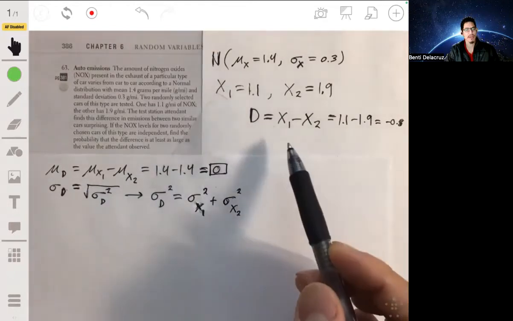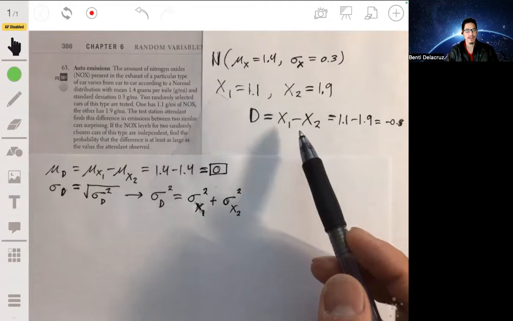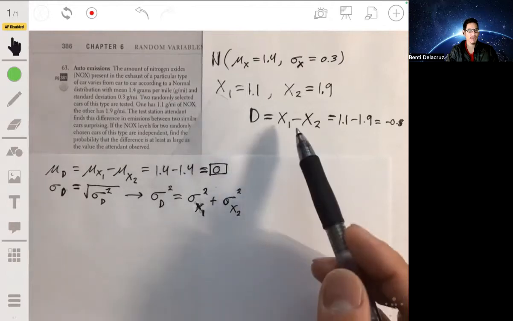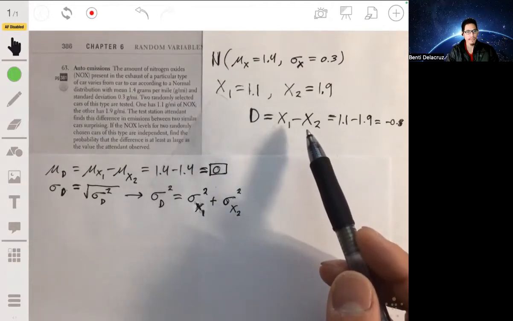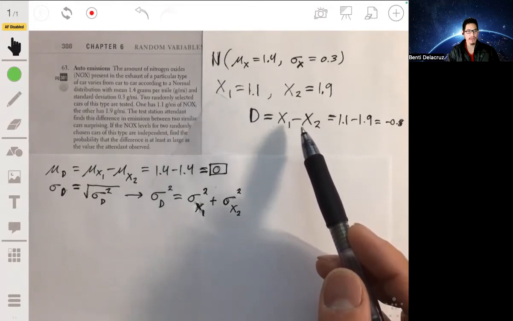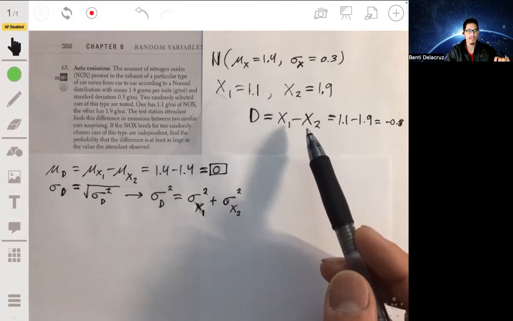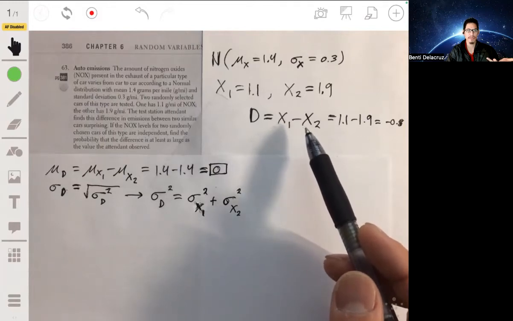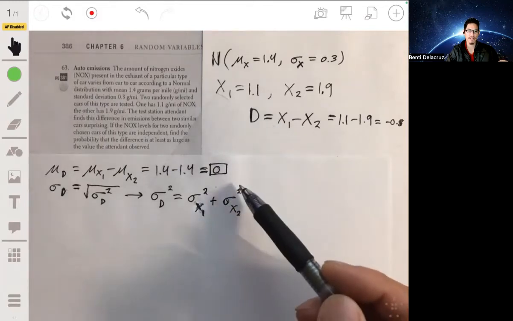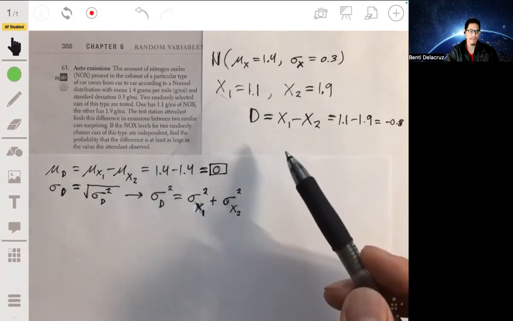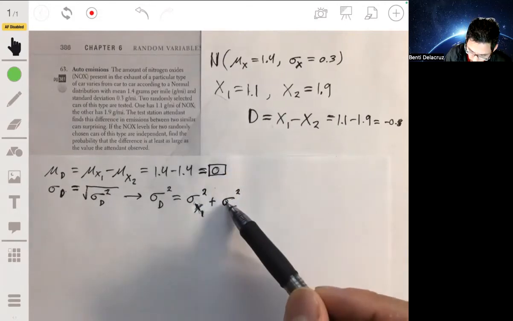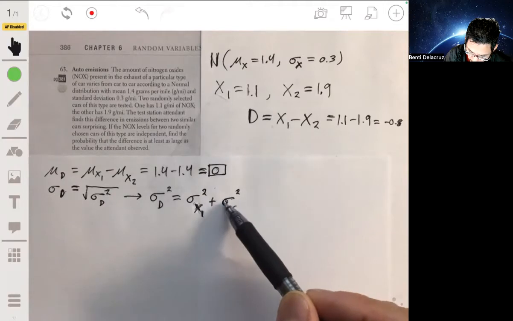It's kind of counterintuitive because you're like, why don't you subtract them? But whether you add two values or you subtract them, the variance of their differences or sums is going to be the sum of their variances, because remember, it's a measure of spread. I explained this more in a different video, but for now, let's just go with it.